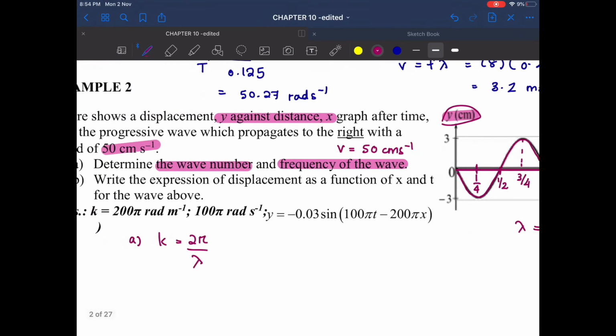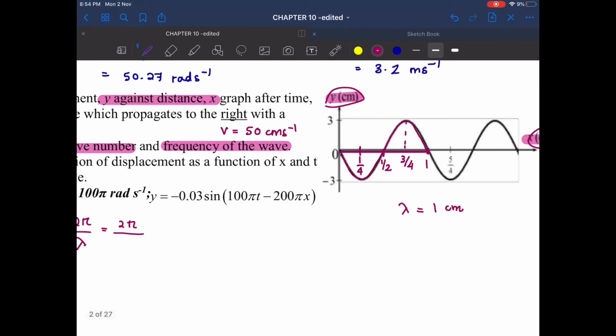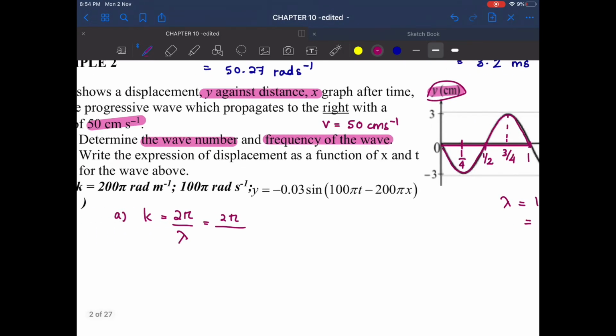So sekarang ni, 1 centimeter is actually 0.01 meter, isn't it? So this one would be 2 pi bagi 0.01. So we get the answer 200 pi m negative 1. Okay, and then frequency of the wave.